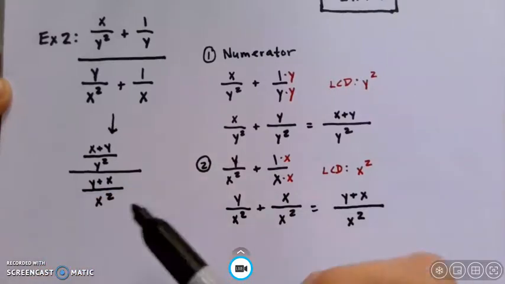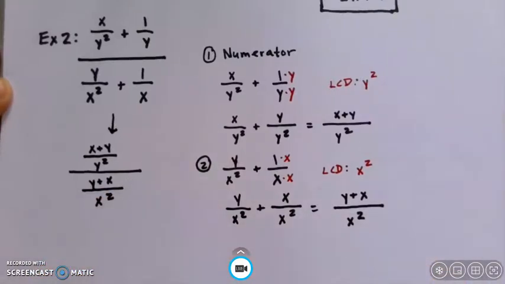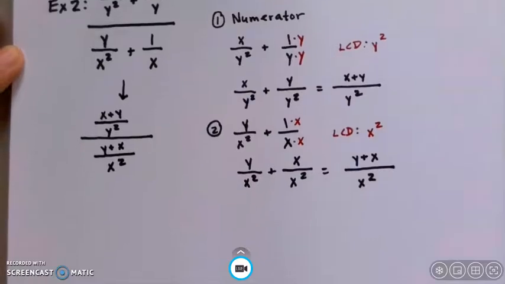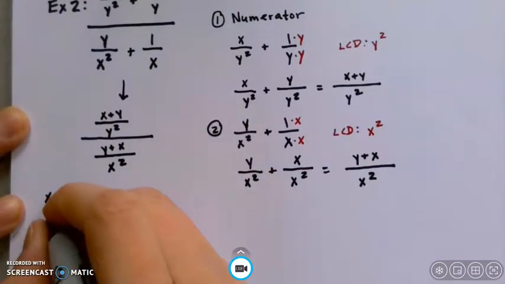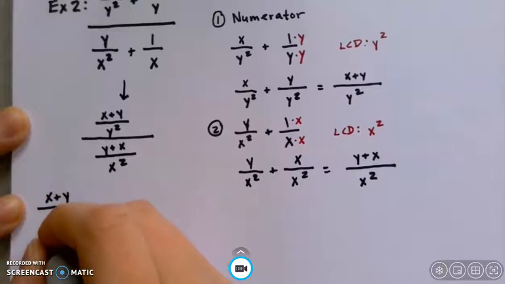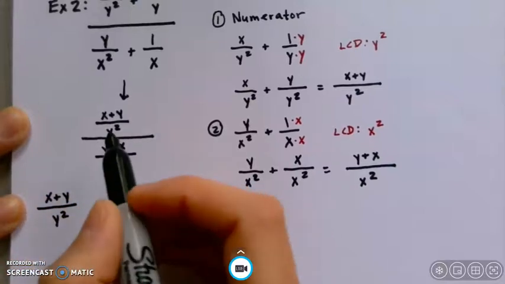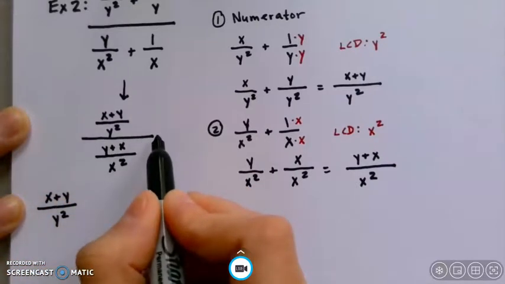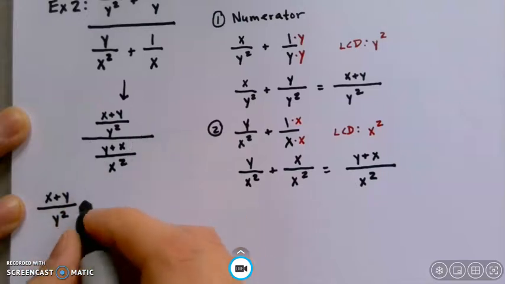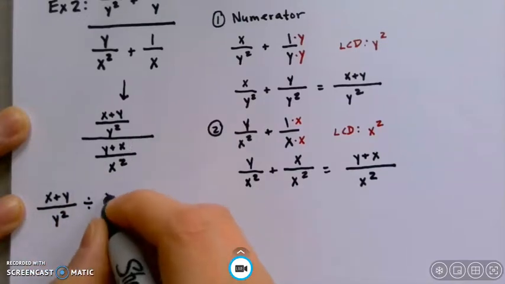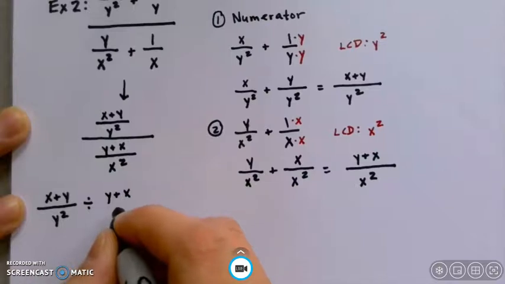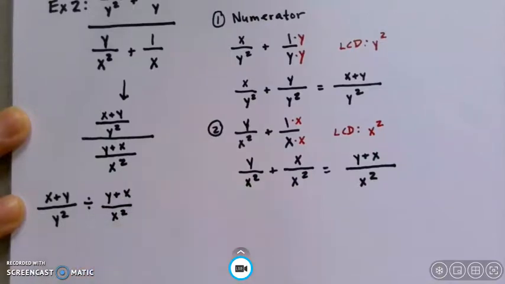Now we can rewrite this just like we did in the previous example. I'm going to write the numerator, and then instead of writing divided by as a line, I'm going to write it using the division symbol. And that's being divided by y plus x over x squared.